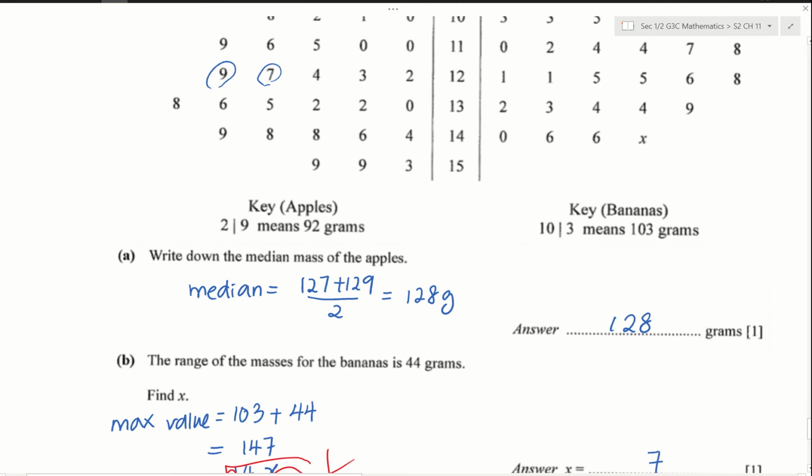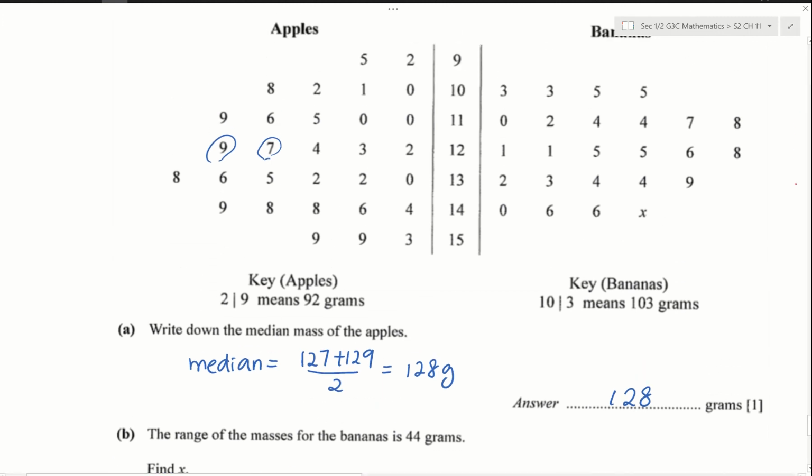Okay, find the range of the masses for the bananas, which is 44 grams. Find X. I'll let you try this first, because presentation will be a problem. 44 grams for the range of the bananas.